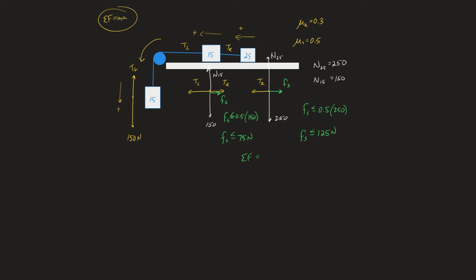Will the 150 that's hanging off the side be able to break static friction on its own? No, it can't, because the static friction can get up to 200 newtons of force. So I think the system's going to sit right there unless you can break static friction yourself and get the system moving. Everybody follow that line of reasoning? Is that a reasonable line of reasoning?